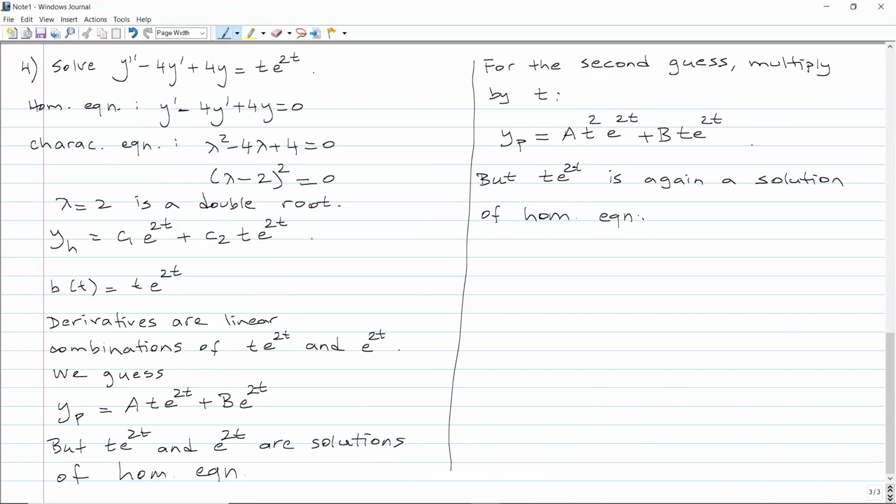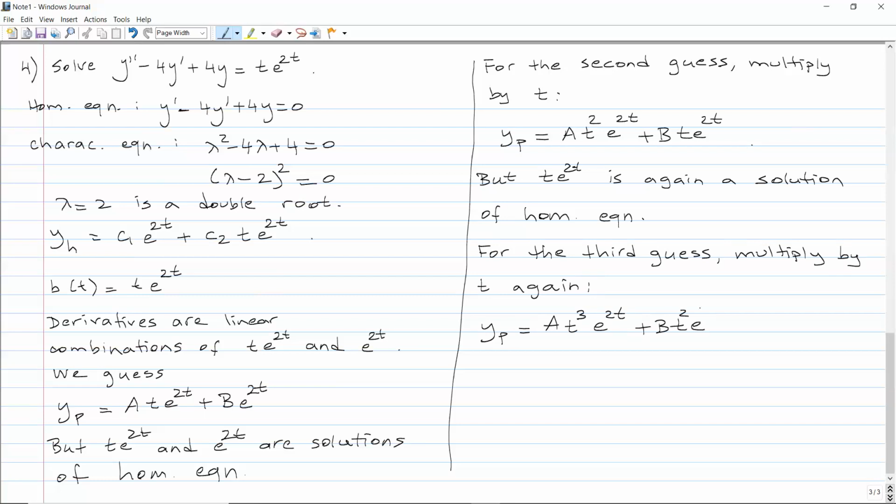So we make another guess, a third guess. Multiply by t again. So our third guess is the constant a times t cubed e to the 2t plus b times t squared e to the 2t.